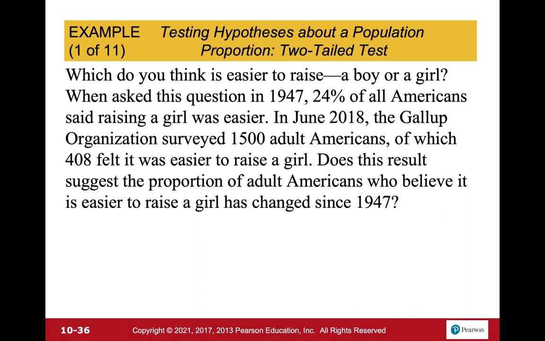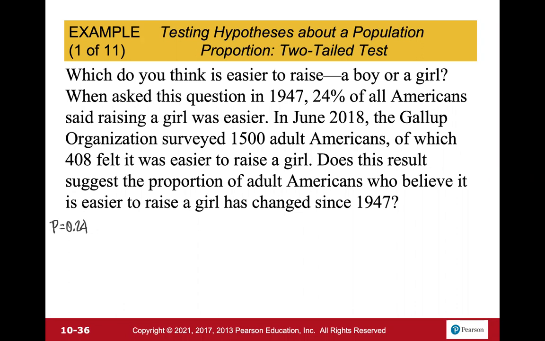1947? Let's grab all the necessary data. Someone asked this question in 1947. P is equal to 24% or 0.24 of all Americans said raising a girl was easier.